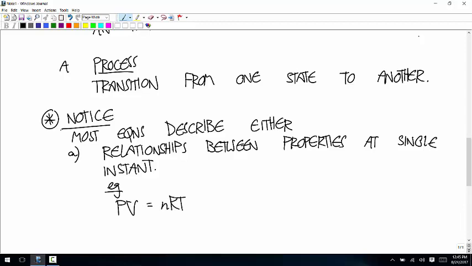That's saying at a single instant there's a relationship between pressure, volume, temperature, and the number of moles you have.